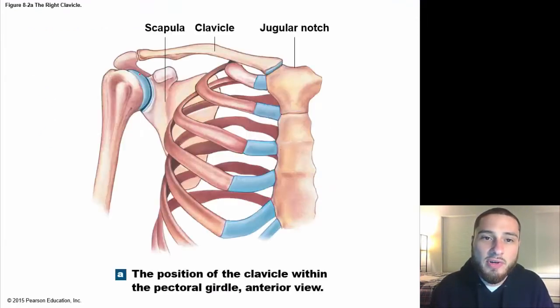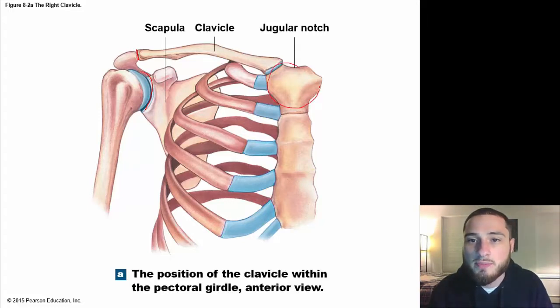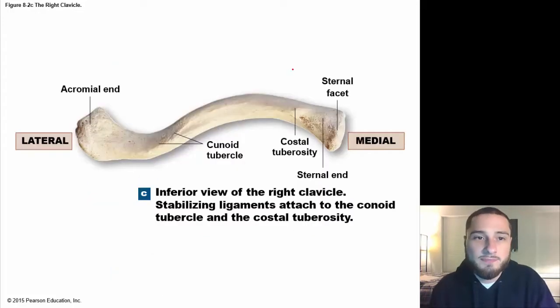You see, this is where the humerus links up with the scapula, and you have the scapula linking up with the clavicle right there. You have this manubrium, which is the part of the sternum, and there's this little depression, which we call the jugular notch.